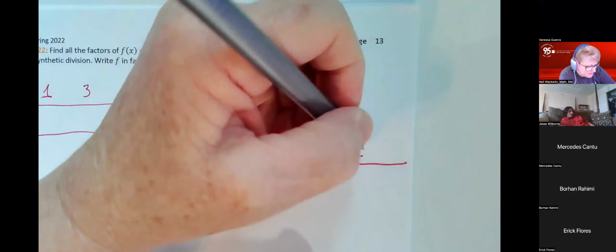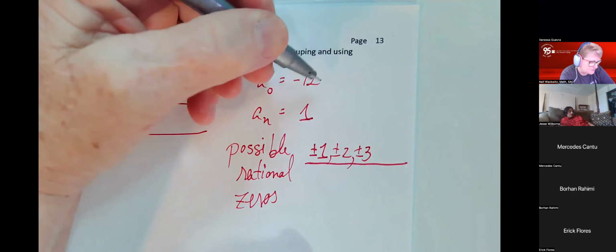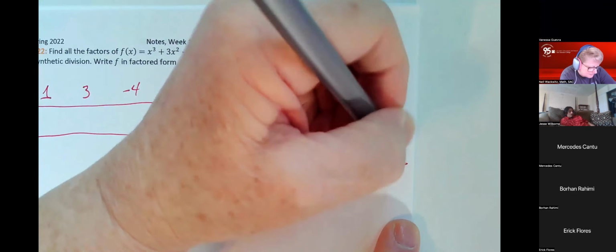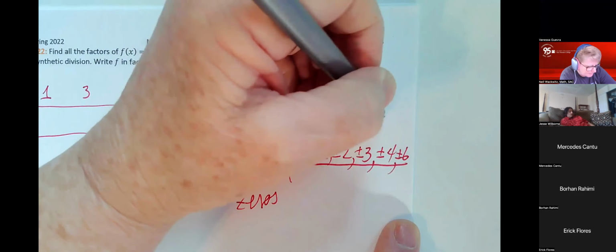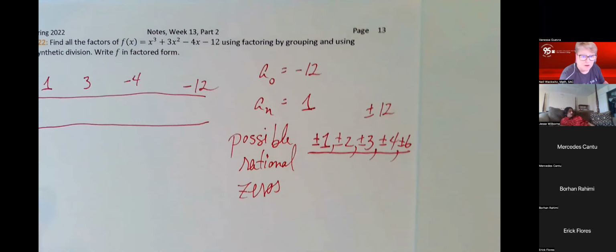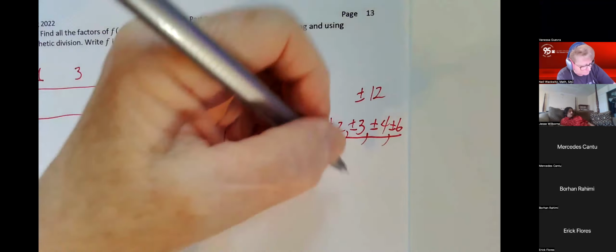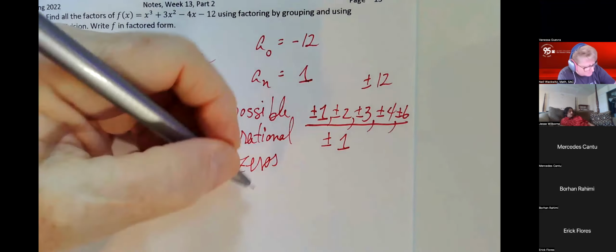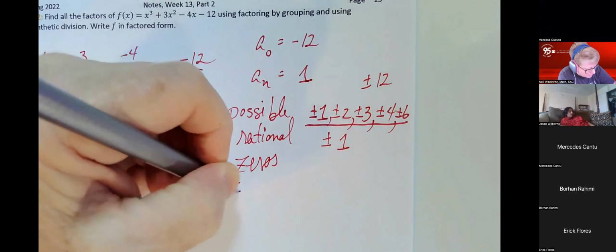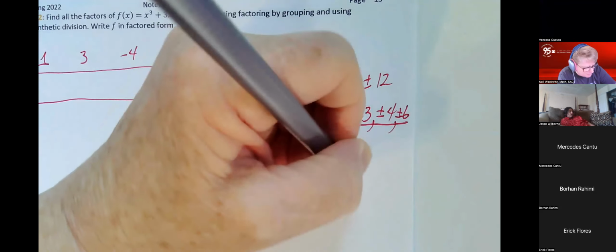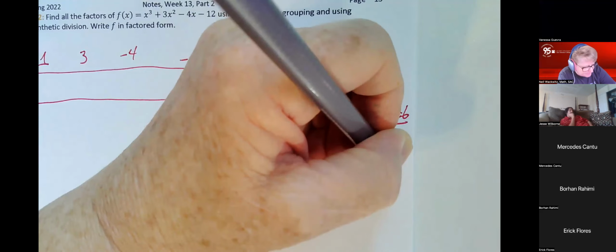Positive or -3, 3 times 4 is 12, so that works. Positive or -4 also works. 6 also goes into it, and 12 goes into 12. What are the possible factors of 1? It's just positive or -1. That means that the possible rational zeros are positive or -1, positive or -2, positive or -3, positive or -4, positive or -6, positive or -12.